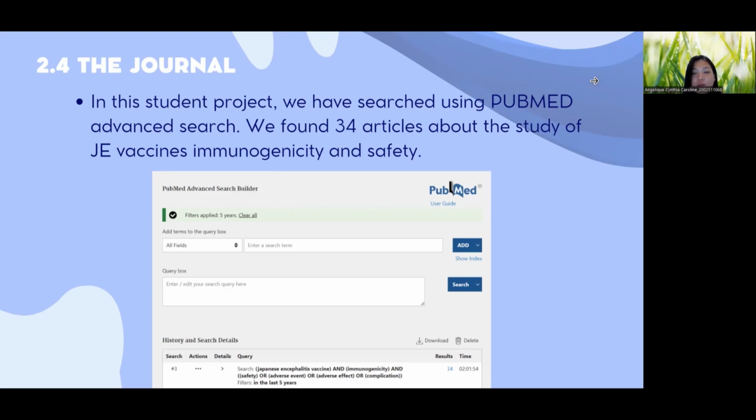Now I would like to tell you about the journal that we chose for this student project. We searched using PubMed Advanced Search. We found 34 articles about the study of JE vaccines, immunogenicity, and safety. So we used the Boolean search method. The keywords are Japanese encephalitis vaccine and immunogenicity and safety or adverse event or adverse effect or complication, and we filtered the journals so only those from the last 5 years are displayed.